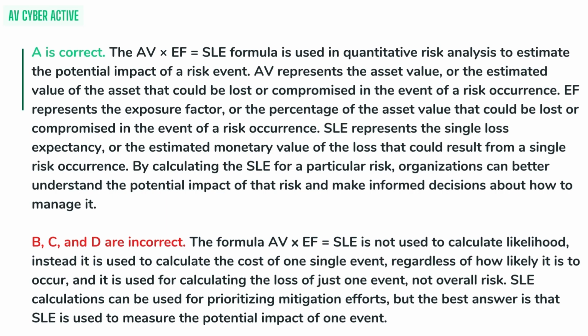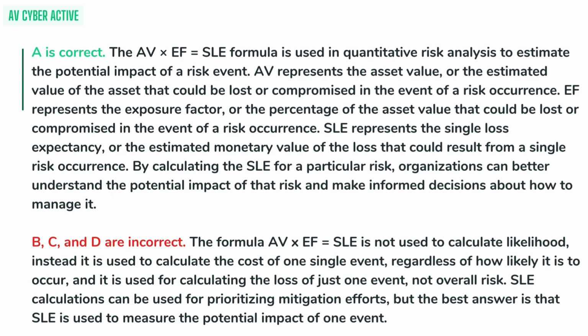EF represents the exposure factor, or the percentage of the asset value that could be lost or compromised in the event of a risk occurrence. SLE represents the single loss expectancy, or the estimated monetary value of the loss that could result from a single risk occurrence. By calculating the SLE for a particular risk, organizations can better understand the potential impact of that risk and make informed decisions about how to manage it.